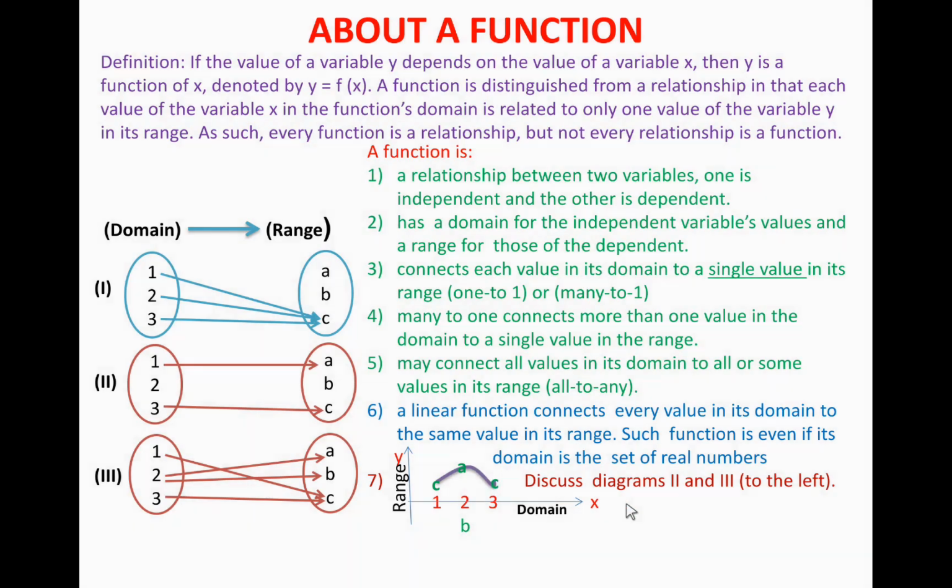But one thing that we have to make sure of is that f of 2 is not just equal to a. f of 2 is also equal to b. That means we also have to draw a curve coming from c, visiting b, and then going back to c. So this is the curve.